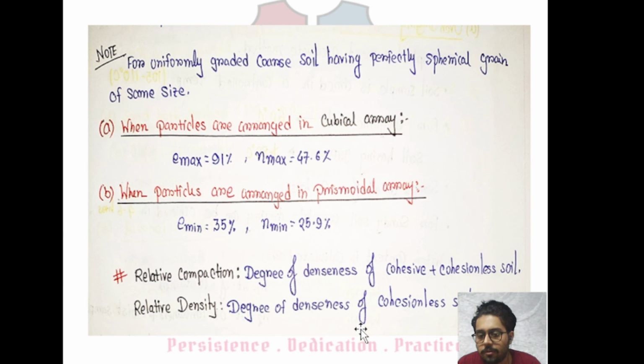These are not very important for GATE exam purposes, but they are very important for IES exam purposes. You just have to remember these values: in case of cubical array, what should be the value of e max and eta max, or in case of prismoidal array, the minimum void ratio value and minimum porosity value. You just read these things once.